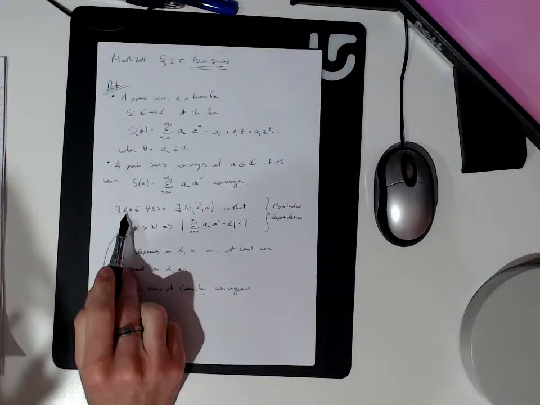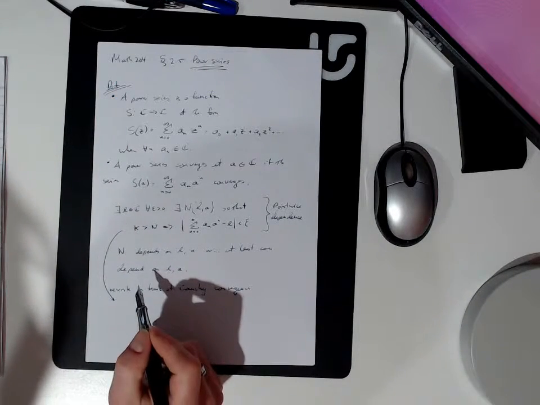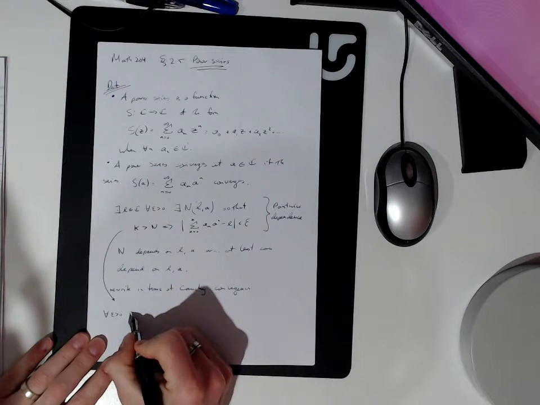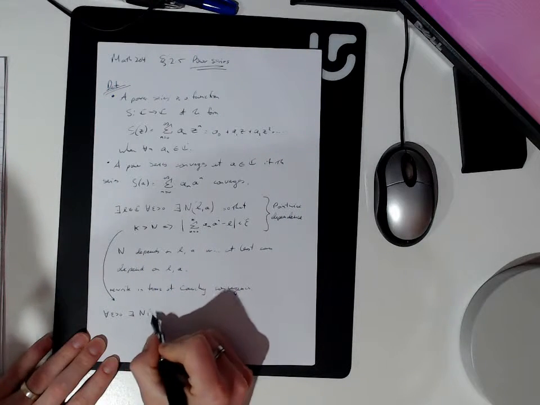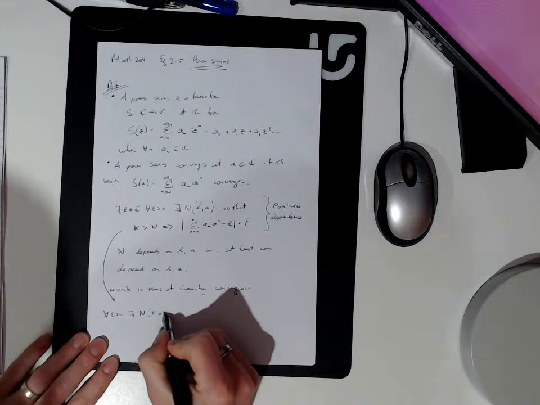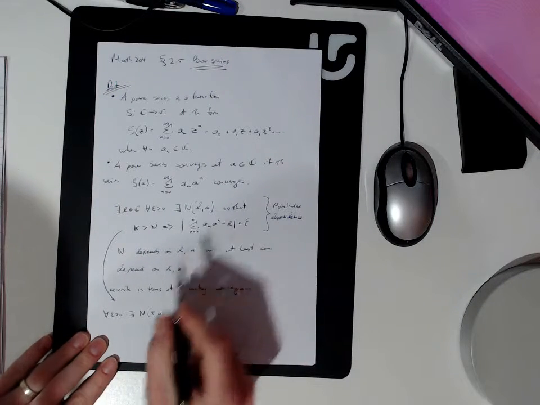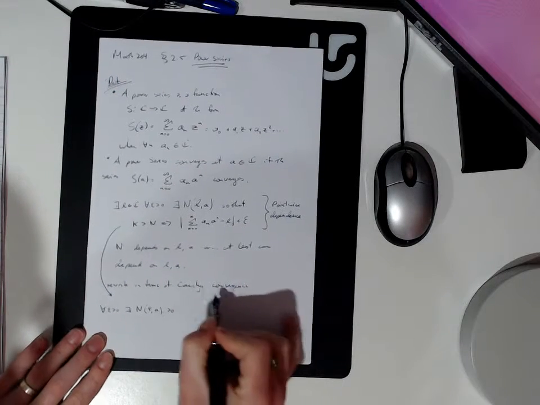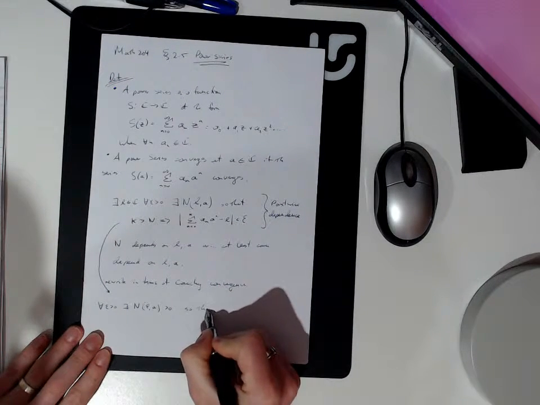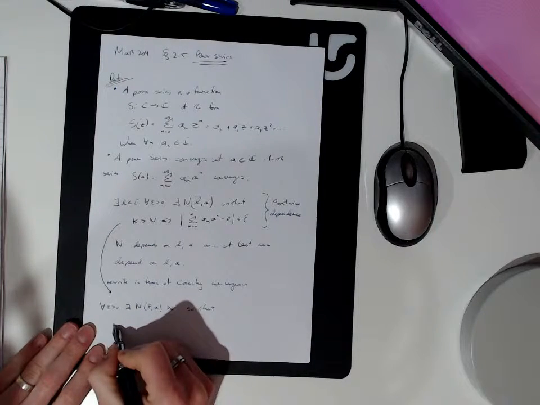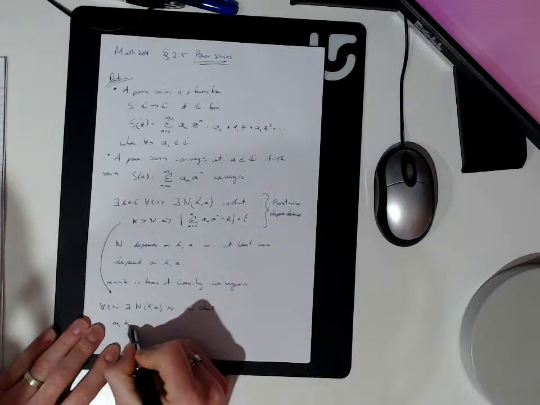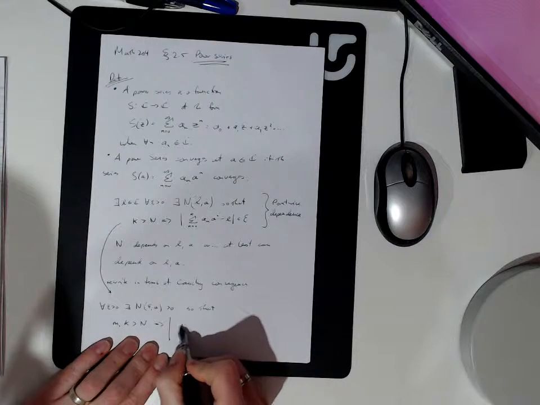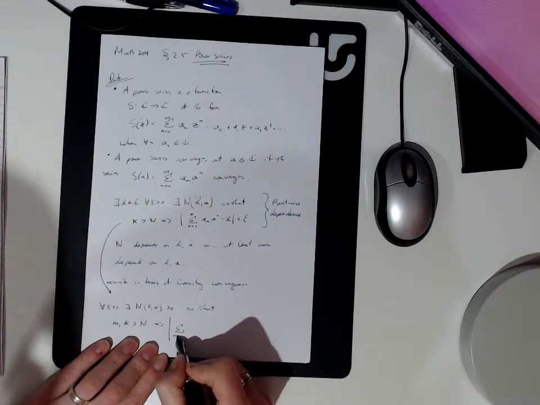It means I don't have to mention the limit point L here. So for all epsilon greater than 0, there exists a natural number N, which can depend upon epsilon and a, so that m and k bigger than N implies that the distance between the partial sums is getting increasingly small.